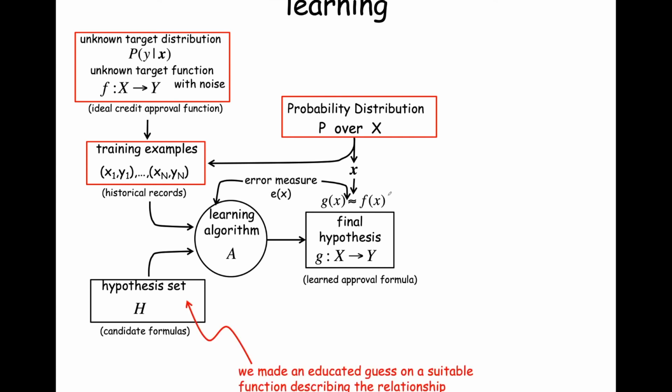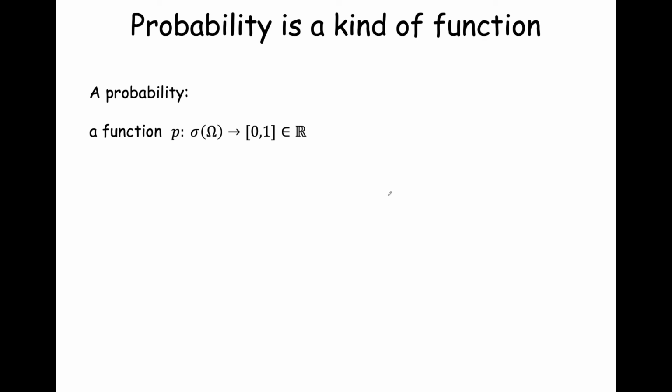We made an educated guess for our hypothesis set, and we hoped that our guess was suitable enough as a function to describe the relationship between features and targets, and selected the best one by search using our learning algorithm. And so a probability is a kind of function. It's a function over the set of all subsets of our inputs, our sigma algebra, all the observables, and the range of that function is on the closed interval between 0 and 1 on the real number line.